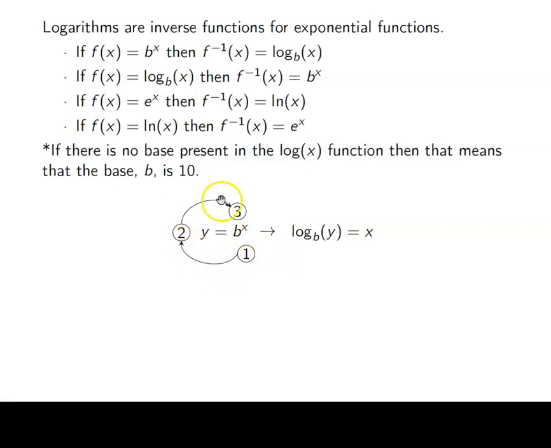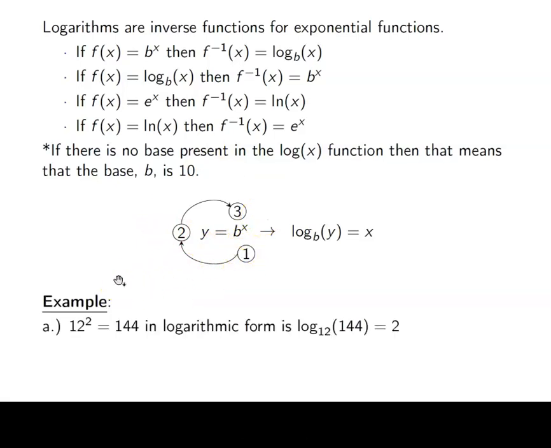You go in a clockwise fashion, starting at b, because that's the base, log base b, input goes y, and then x. So that's how I remember the order, I just think about starting at b and going clockwise.